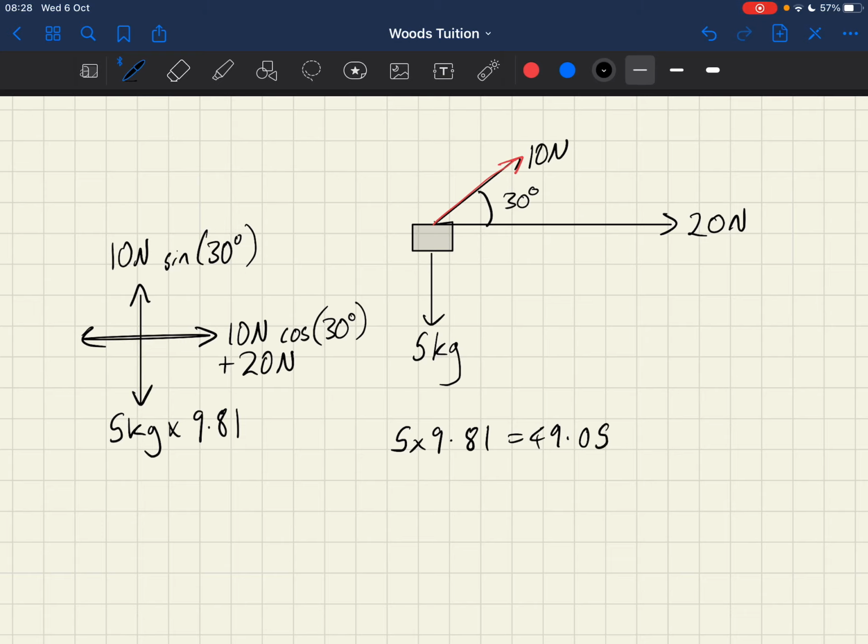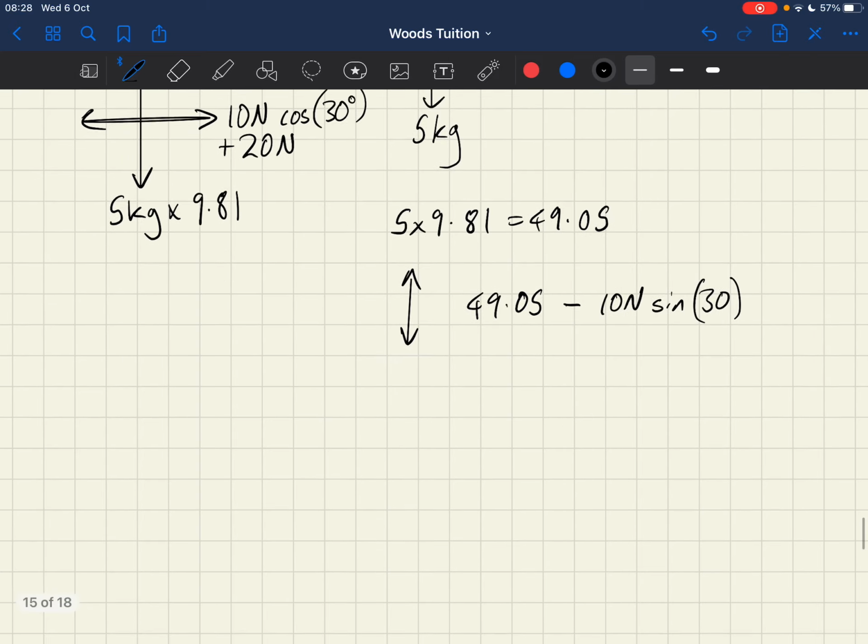49.05, I think. So then we would end up having to find our total vertical component, and unfortunately I still don't have my calculator. That would be going down because 49.05 is quite big, and then we'll be taking away our other vertical component, the one pointing up, which would be 10 newtons sine 30.